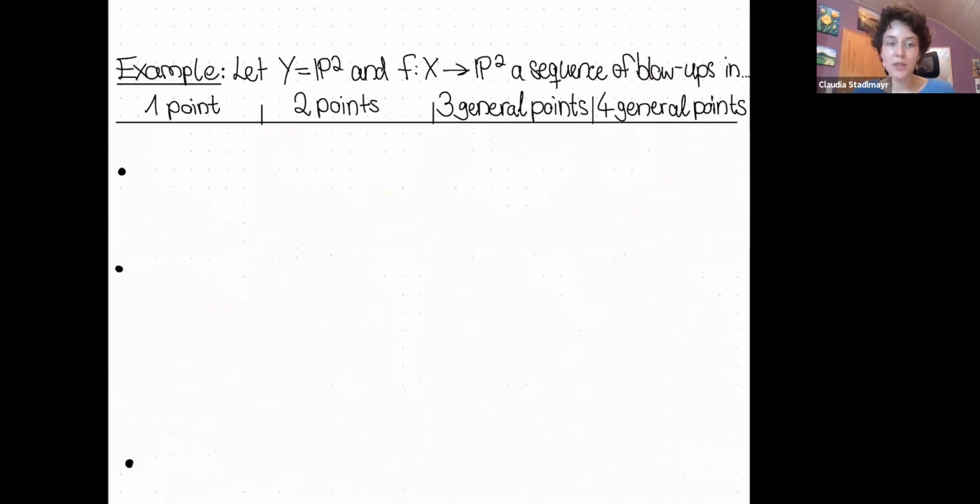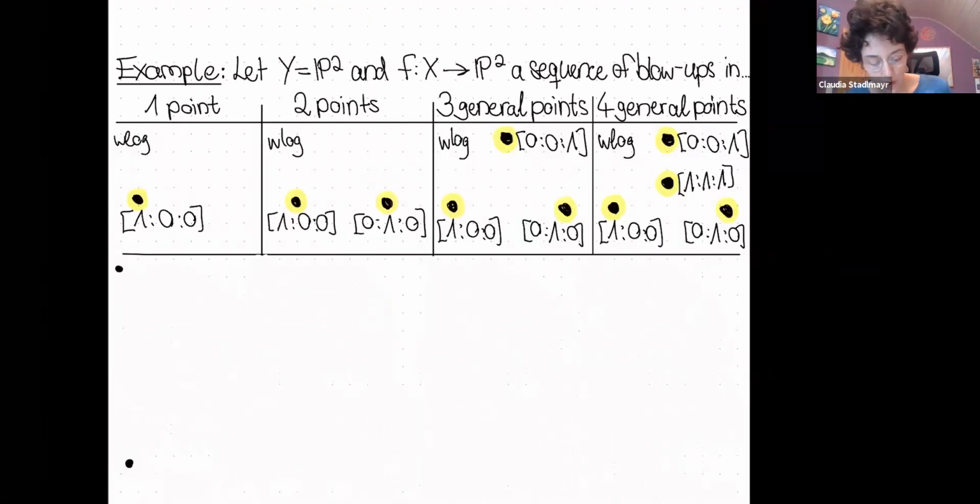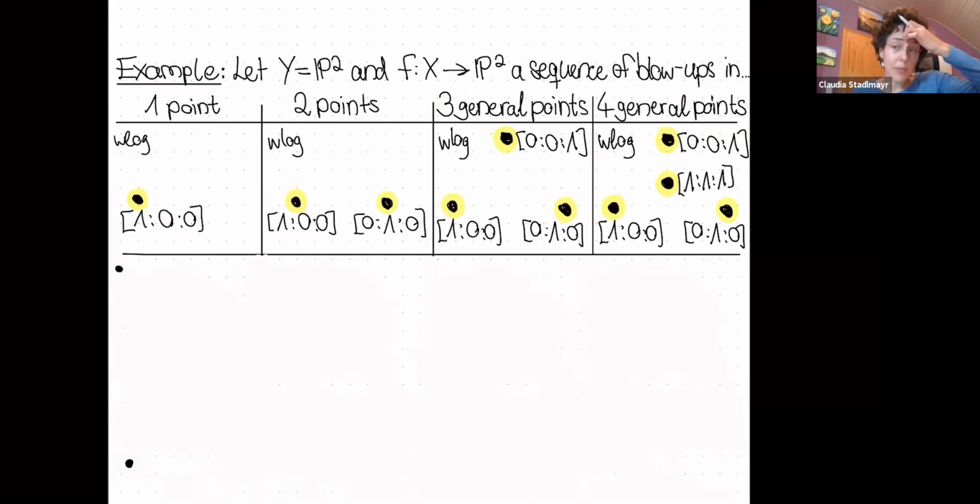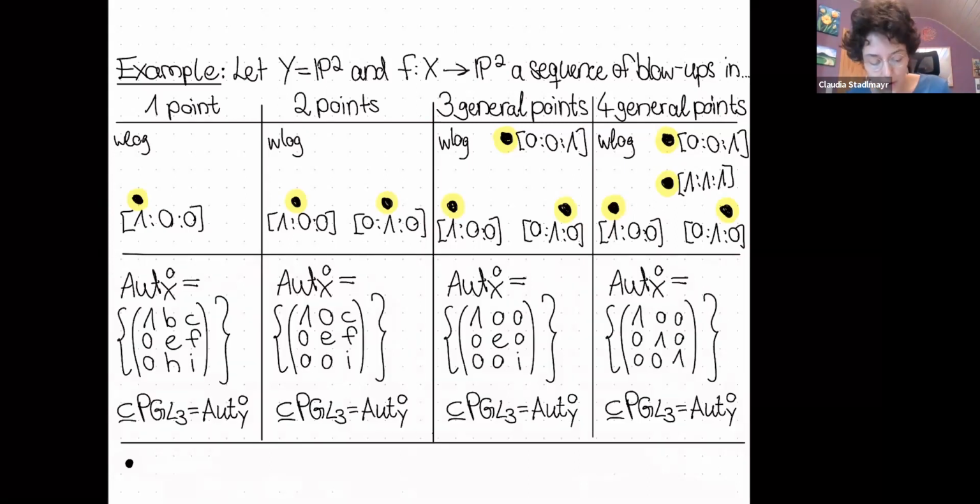Up to automorphisms of P2, we can assume that these 1, 2, 3, and 4 points look like this. 1, 0, 0, 2 points on a line, 3 points like this, and 4 points with no 3 of them on a line. Then using the fact from the previous slide, we can compute also the connected automorphism schemes by computing the stabilizer subschemes of those points we want to blow up and taking the connected component.